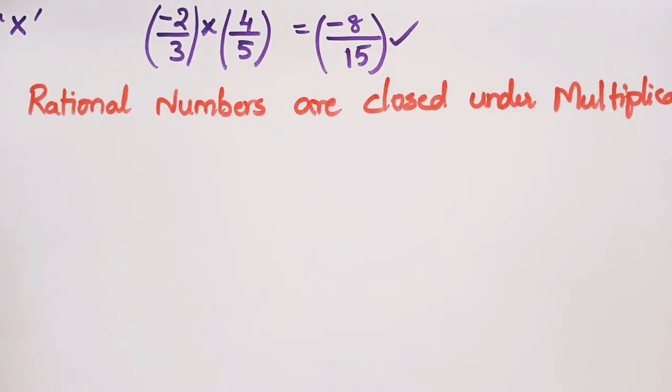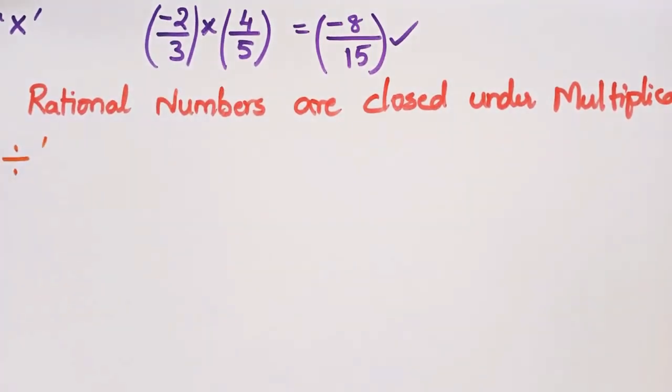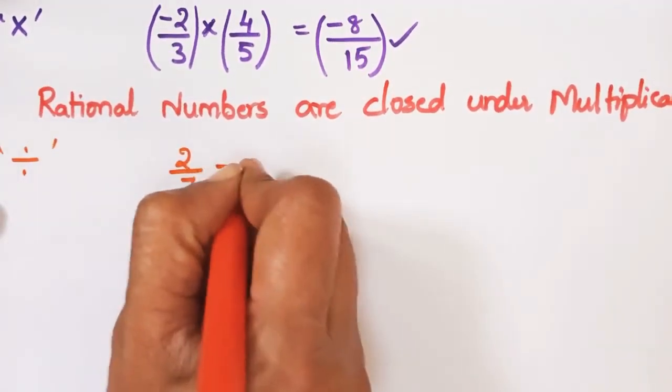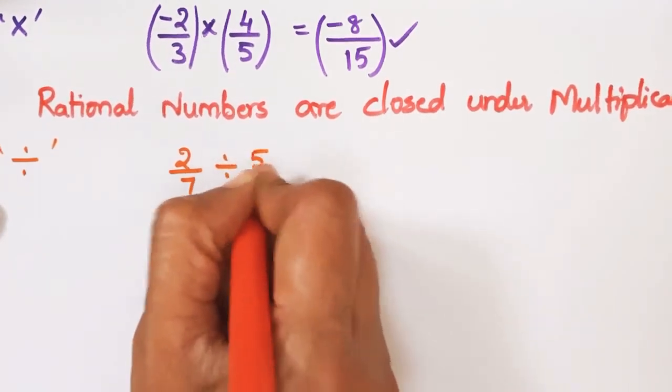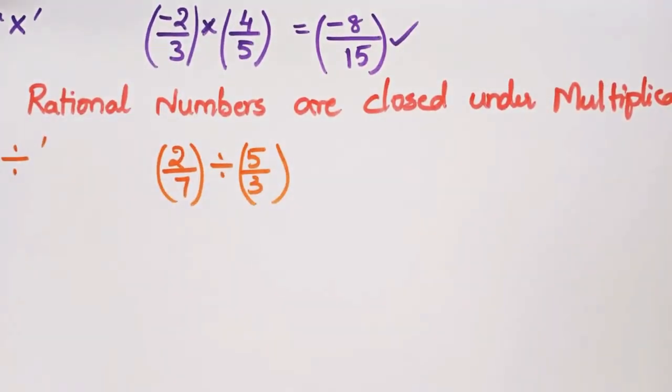Okay, and now my last operator I wanted to check is division. Let us finish this closure property with the operator division. I want to take two rational numbers as 2 by 7 divided by 5 by 3. How to divide two rational numbers?